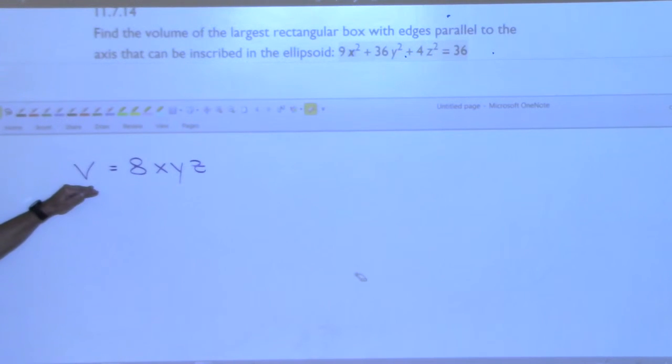And right now, this volume is a function of how many variables? 3. And everything we've done has been maximizing or minimizing a function of 2 variables, not 3. So you can't do this yet. Well, I mean, you can, but you can't do it as it is. You have to make this a function of 2 variables. So how?